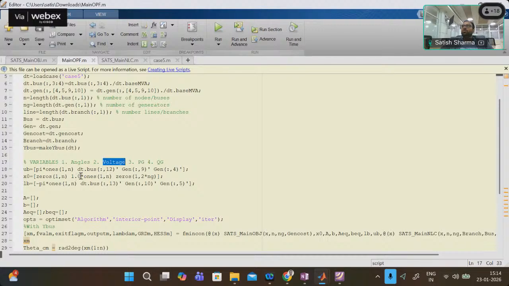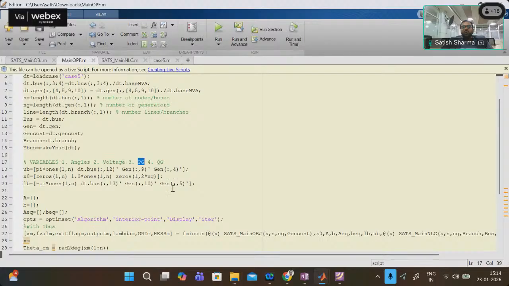In between values, obviously we assume the flat start, that is voltage 1 and angle 0. So the angles are defined as 0, and I will define 1 per unit as the voltage, so 1 into the number of nodes. Then we have PG maximum and minimum values.